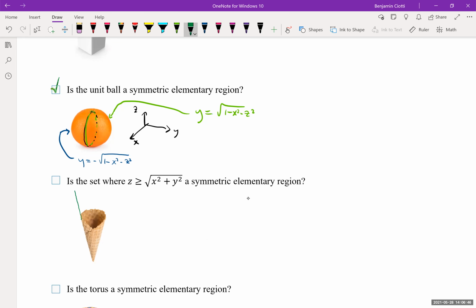And what happens when you integrate 1? You get the volume. Good. So we get 3 times the volume of the octahedron. So yeah, I think it's easier to solve the problem that way.